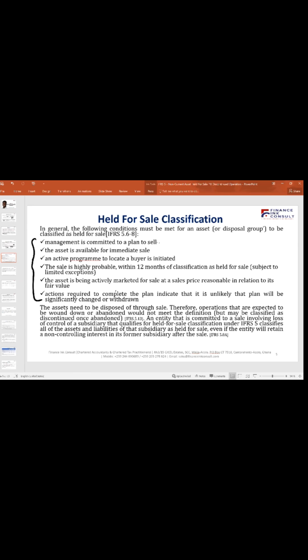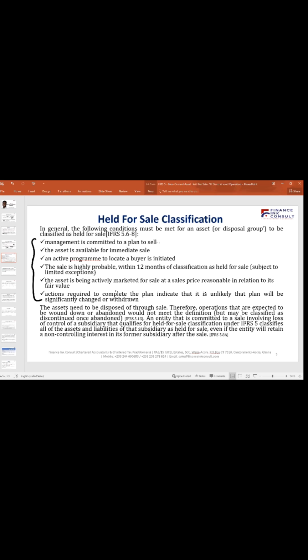Then the sale should be highly probable. So all things being equal, our anticipation is that by the end of the next financial period, we should be able to dispose of the assets. Then we are saying that the price at which management is selling the asset should be reasonable.